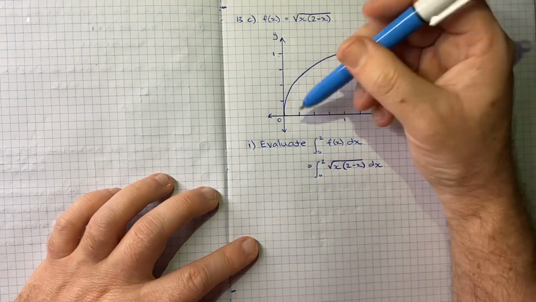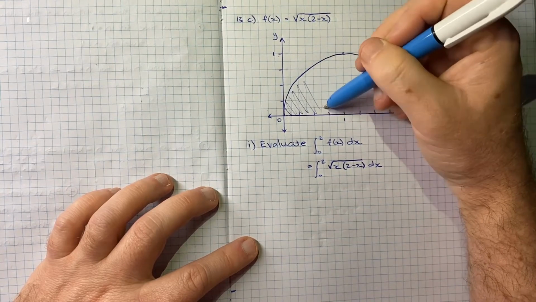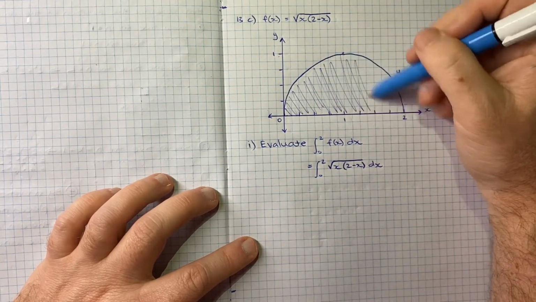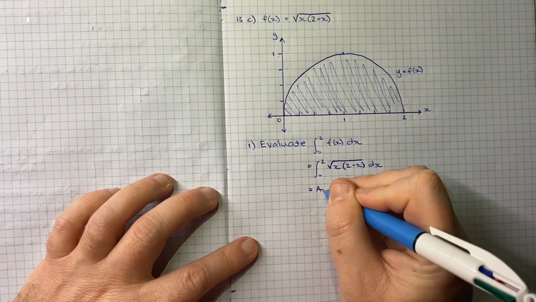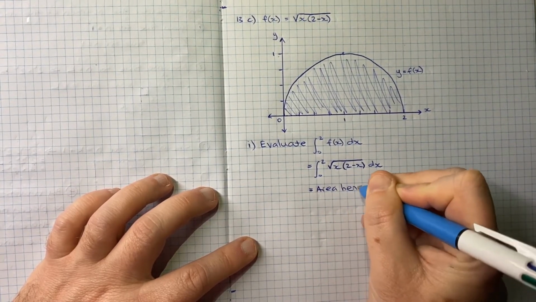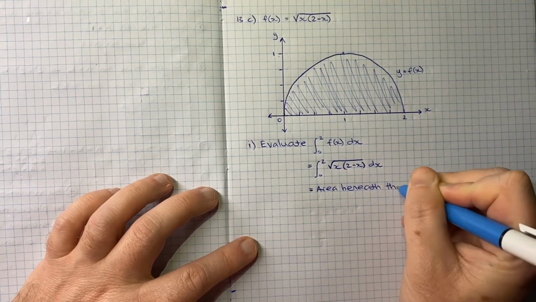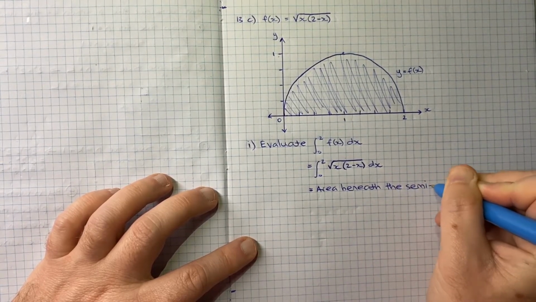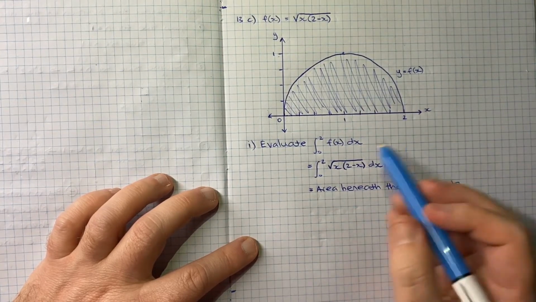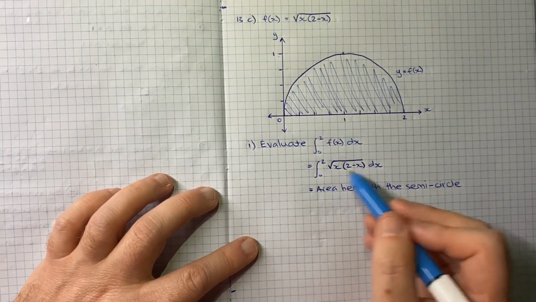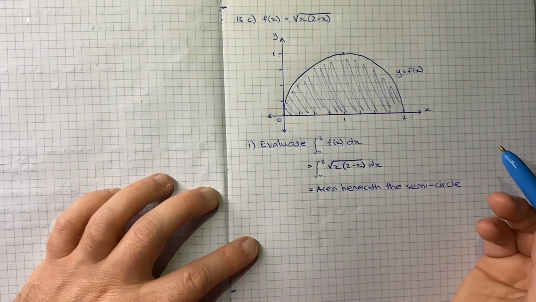So what we're going to do is basically find the area under this curve. And so maybe what I'll do is I'll just note that this is the area beneath the semicircle, and hopefully that makes clear to someone who's marking this that you've made the link, that you're not just trying to do the brute force integration.